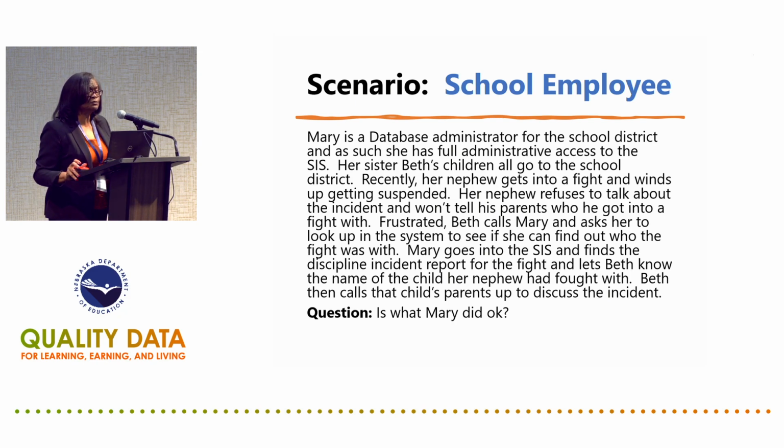Hey, I've got a sister that's a DBA at that school, I'll call her and ask her to look up in the system to see if she can find out who the fight was with. Mary goes into the SIS and finds the discipline incident report for the fight and lets Beth know the name of the child her nephew had fought with. Beth then calls that child's parents up to discuss the incident. Is what Mary did okay?